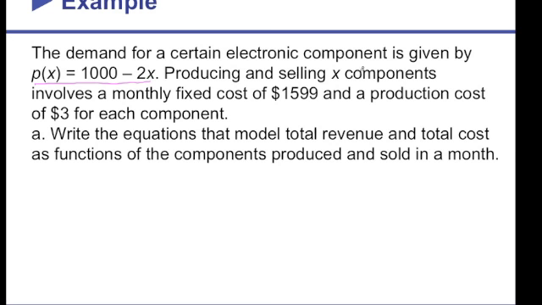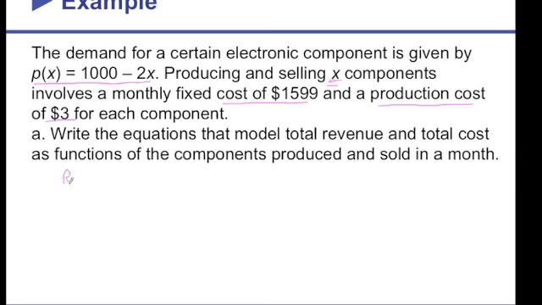Producing and selling x components involves a fixed monthly cost of $1,599 and a production cost of $3 for each component. First, we write an equation that models the total revenue and the total cost as functions of the components produced and sold each month. So we're going to do x components is what we're selling.